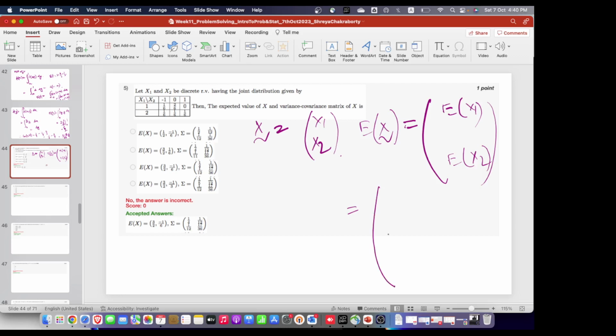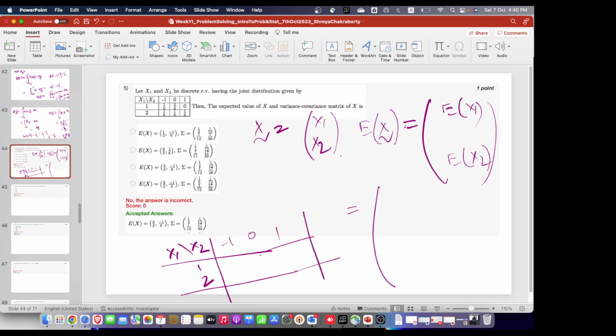So expectation of x1 is how much? We have to add up over x1 and x2. So we'll write it here, x1 and x2. x1 can take values 1 and 2, and x2 can take values -1, 0, 1.